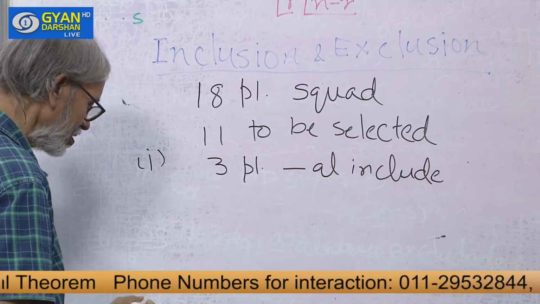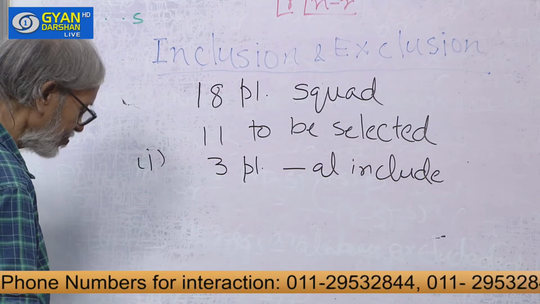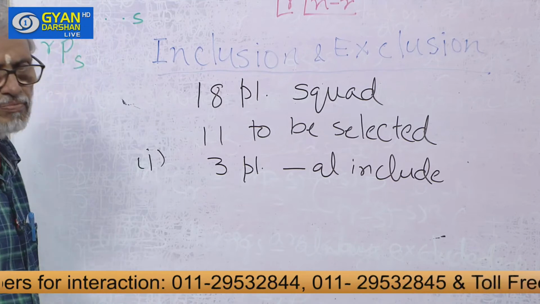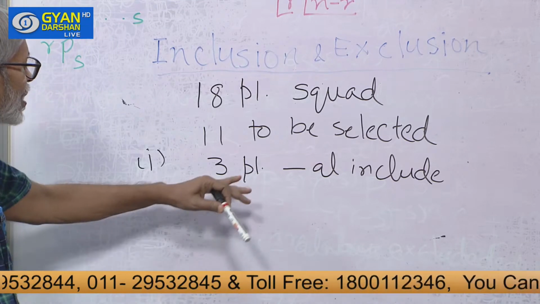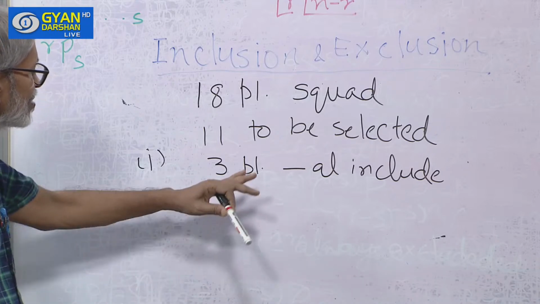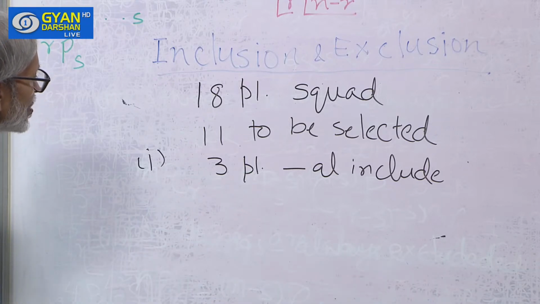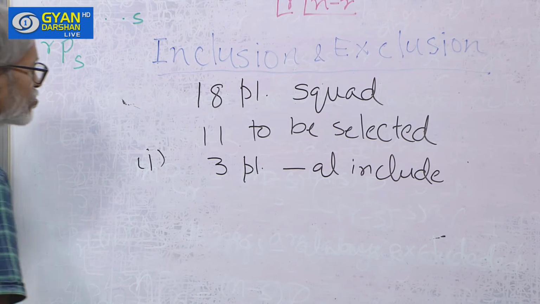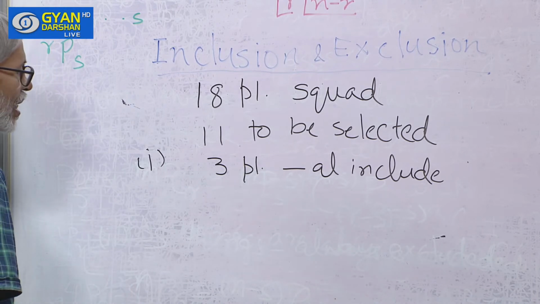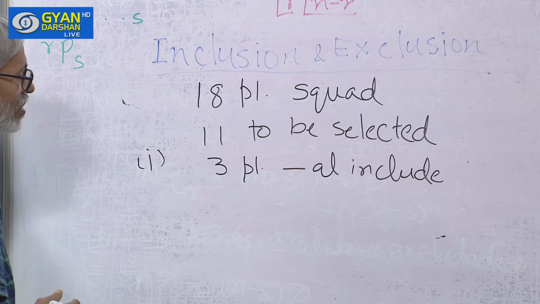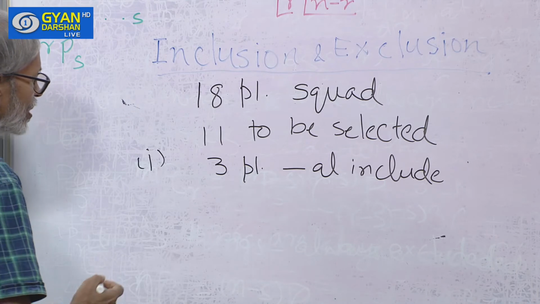You see, just as we select in a cricket team, say 3 very good players are there. Their seat is fixed, they will not be disturbed. So in how many ways? Here grouping is important because order is not important.